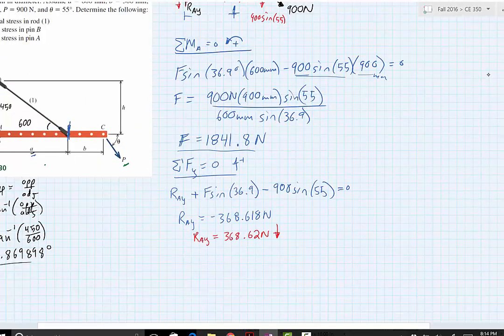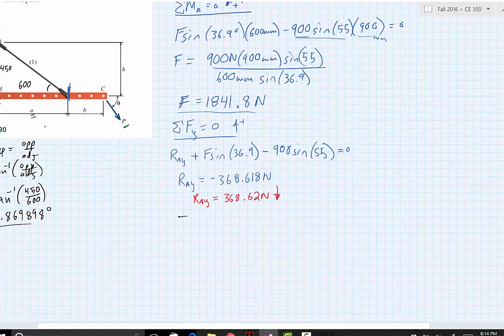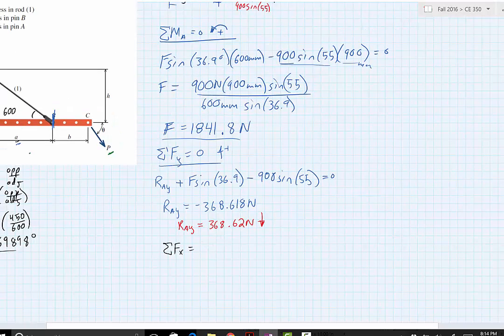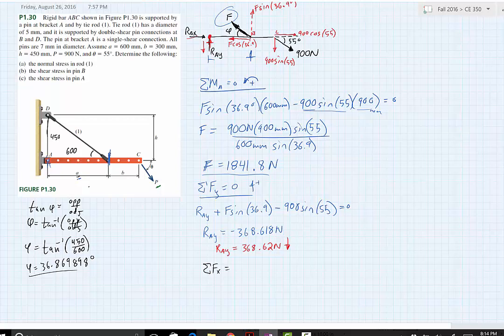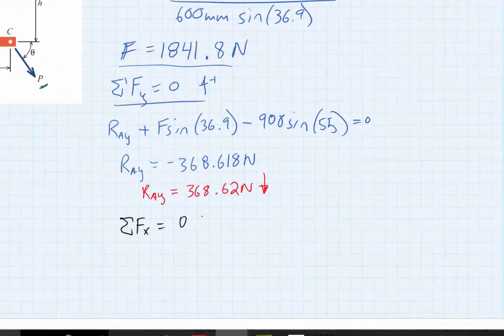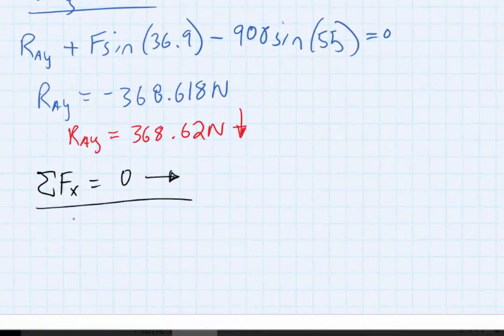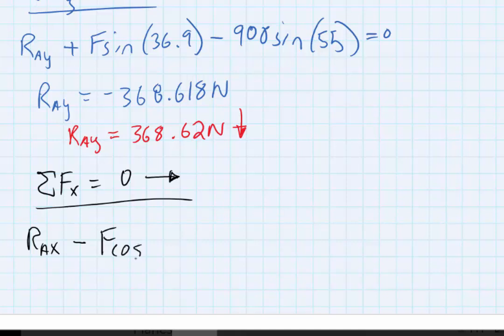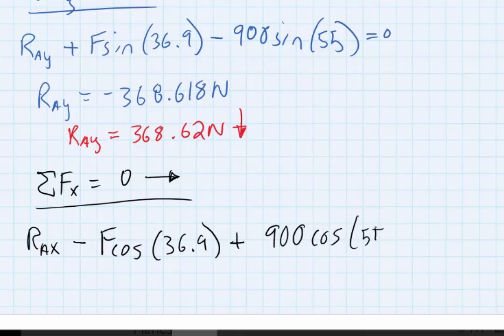So the next force we'll do is sum of the forces in the X equals, let me zoom out here. Sum of the forces in the X equals 0, going this direction is my positive, so RAX minus F cosine of 36.9 plus 900 cosine of 55 equals 0.